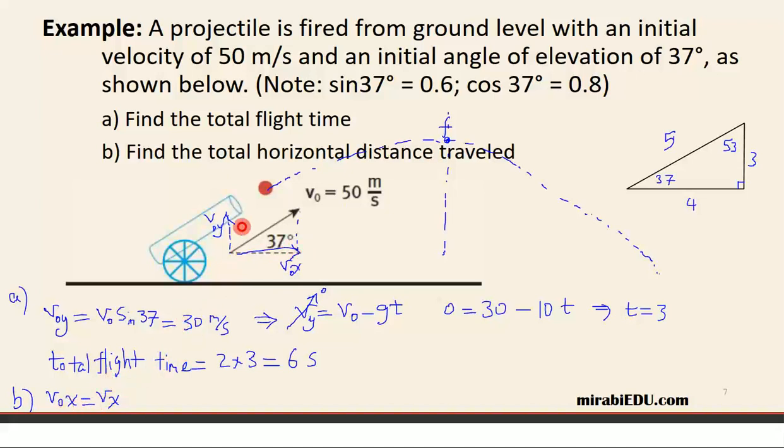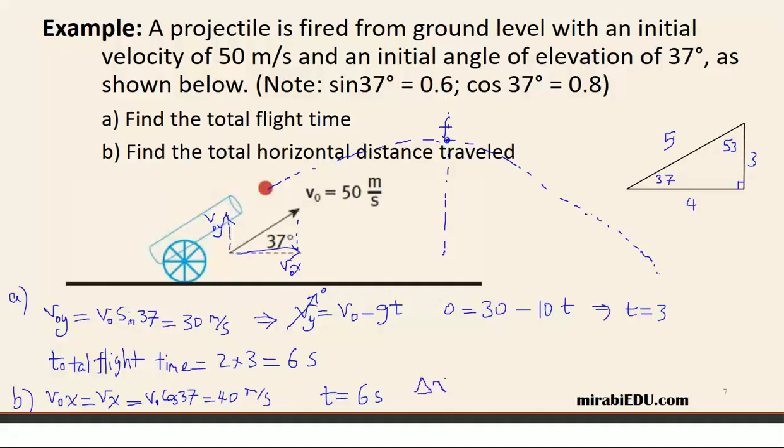At every second during the flight, Vx will remain the same, which will be V0 times cosine of 37, which will be 40 meters per second. And now we have the total flight time of 6 seconds.